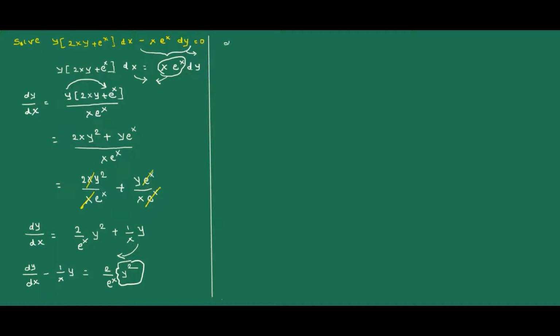dividing both sides by y raised to 2. If you divide the first term by y raised to 2, you will get y raised to minus 2 into dy by dx. 1 by y square means y raised to minus 2.